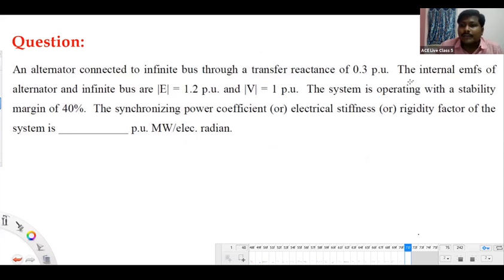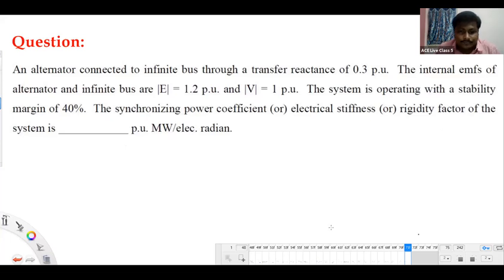The internal EMFs of the alternator and infinite bus are mod E 1.2 per unit, mod V 1 per unit. The system is operating with a stability margin of 40%. The synchronizing power coefficient, or electrical stiffness or rigidity factor, of the system is dash per unit megawatt by electrical radian.